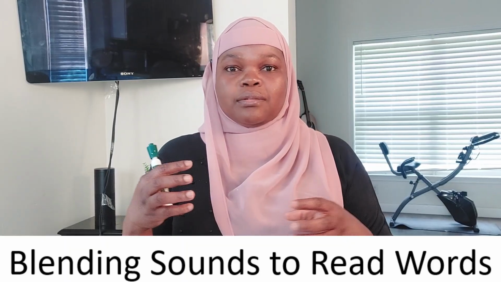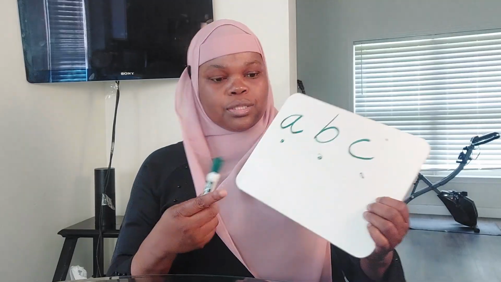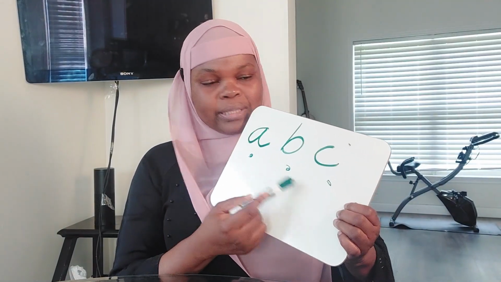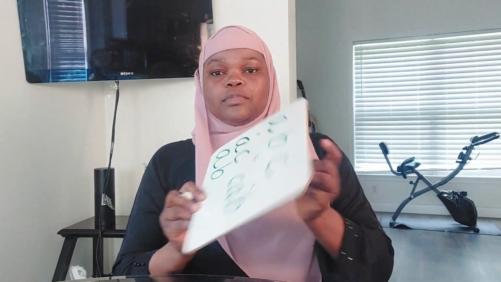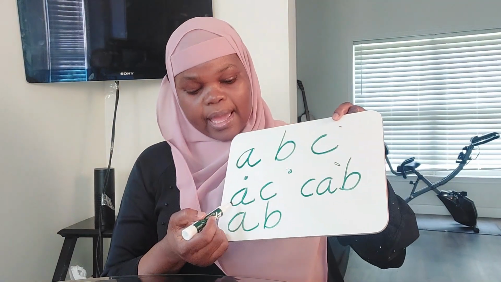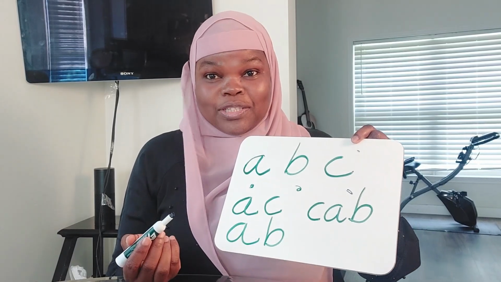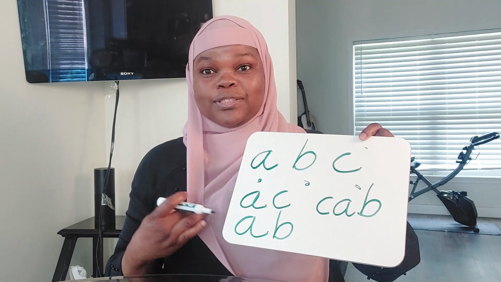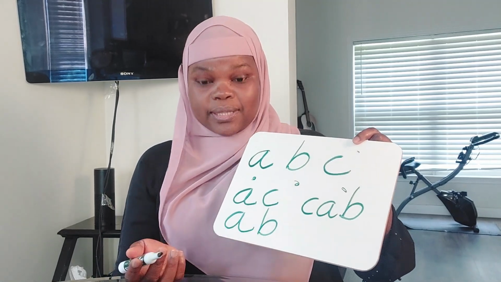Blending is like merging individual sounds together without breaking them. Do you know that you can bring the sounds together to make words? Like this is a, k, ak. Actually, it can be nonsense words, but the goal is to teach them to blend these sounds together.